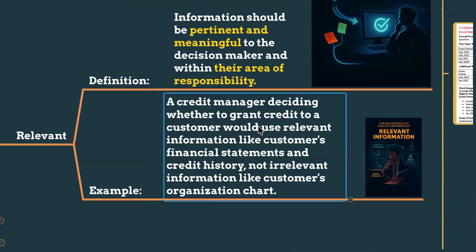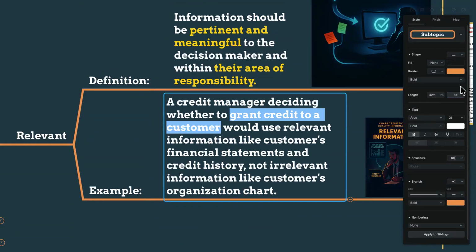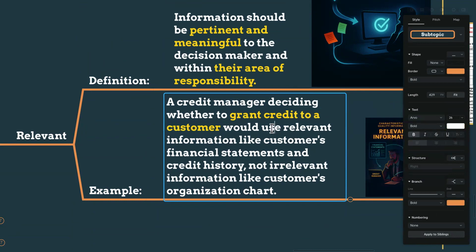a credit manager deciding whether to grant a credit to a customer, because he has to decide whether we are going to grant a credit. Credit means a loan to a customer, would use relevant information. So he needs relevant information like the customer's financial statements and credit history, not irrelevant information like the customer's organization chart.